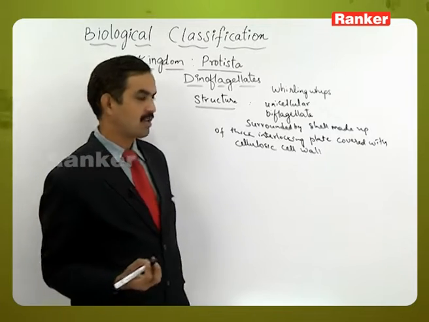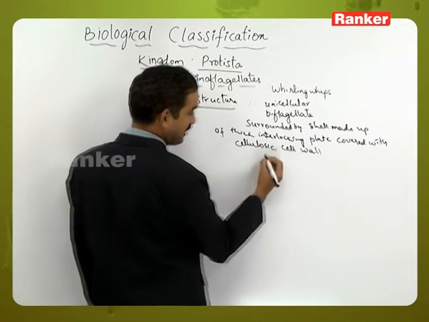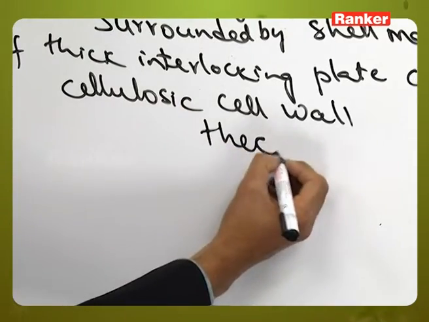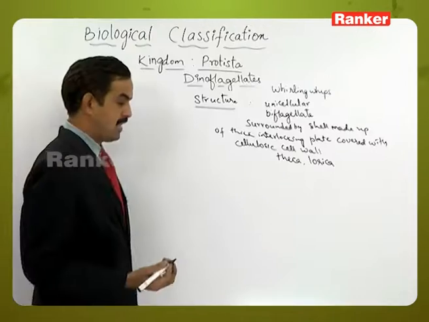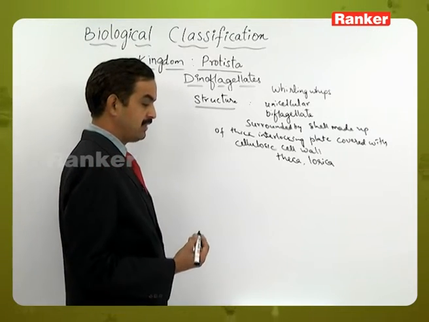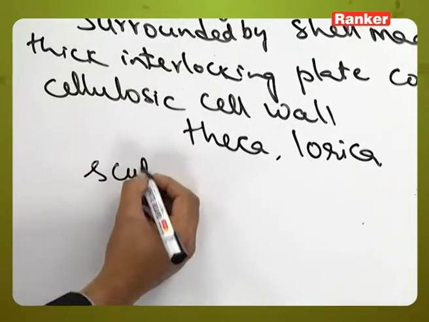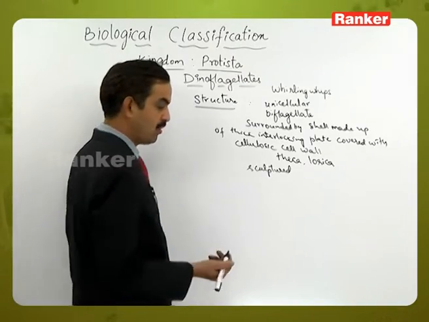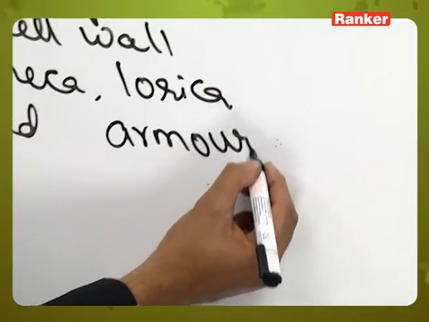The cellulosic cell walls form an outer layer called the theca or lorica, which has a sculptured structure. The cellulosic plates have sculpturing on their walls. That's the reason why these are called armored dinoflagellates.